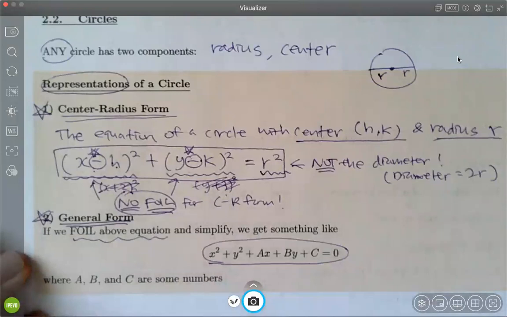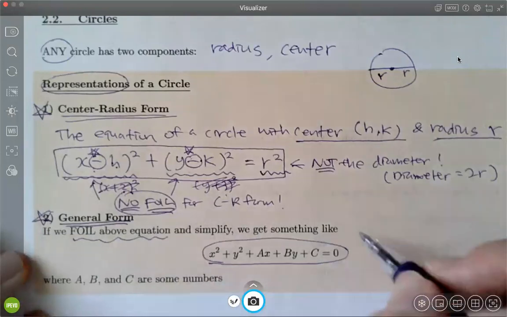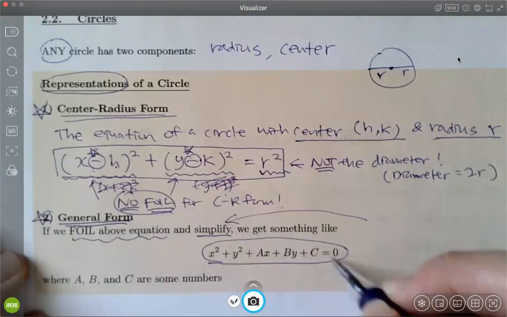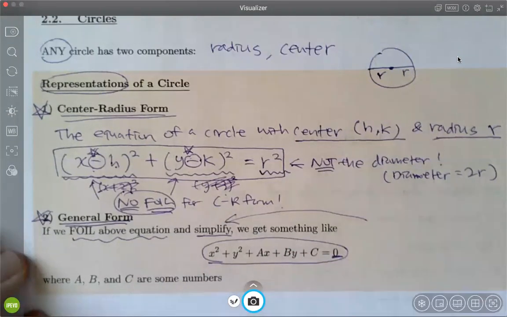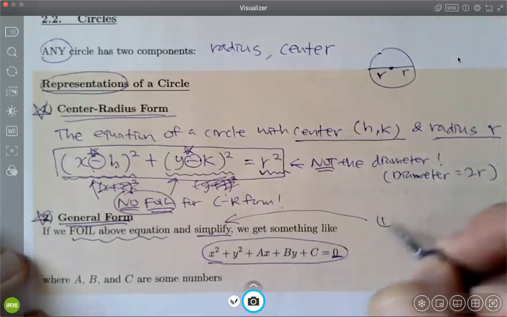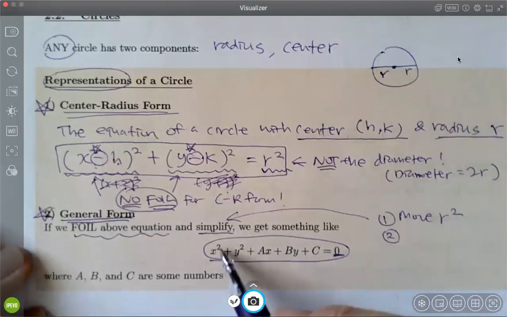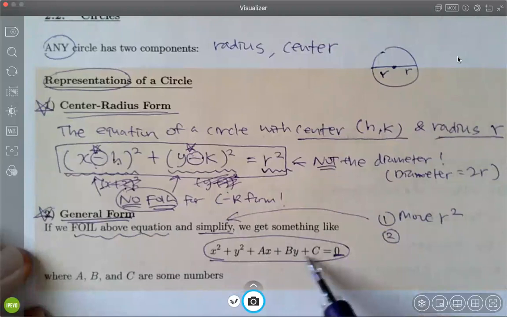So what does that mean? Here simplify means what? First we have to have 0 on the right-hand side. So we move our square, that's the first thing we do. We subtract r squared. Then if you look at this left-hand side closely, what do you notice? The squares are written first, and then the non-squares come, and then the pure number comes at the end.